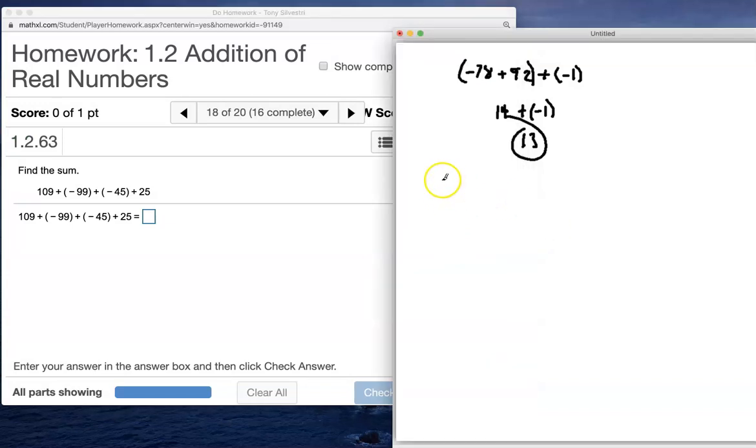The next one. Let's do this. Just copy this. And don't be intimidated by the number of terms, because you're only going to do 2 at a time anyway. Just means you have to do more work.